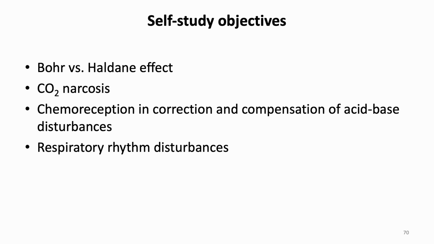Furthermore, I encourage you to study how chemoreception is involved in both the correction and compensation of acid-base disturbances, and also read a bit about respiratory rhythm disturbances, which are basically all about this whole feedback loop I've discussed in this session.